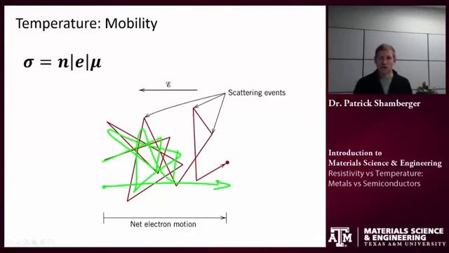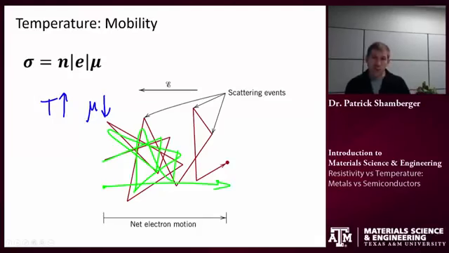So we have this picture of an electron path, and the path is actually a bunch of small distances that get traveled before it hits that next scattering site. So as the temperature increases, atoms tend to vibrate more and more, and so I tend to have more scattering events. So as temperature increases, the mobility decreases. It's harder for electrons to move around in the system.